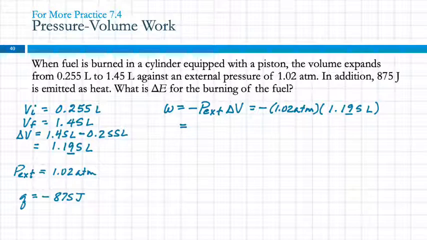So negative 1.02 times 1.195 equals negative 1.2189 atmospheres times liters. Both of those numbers have 3 significant figures, so this value has 3 significant figures.